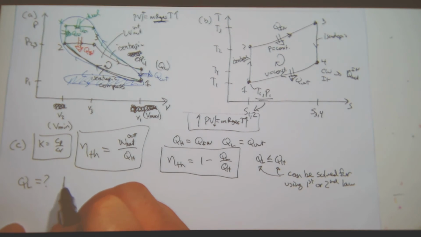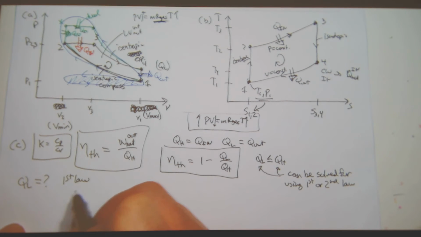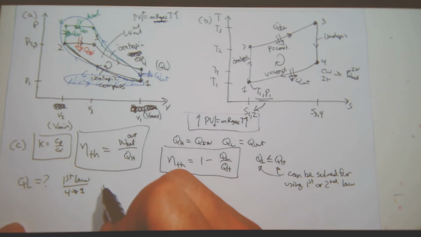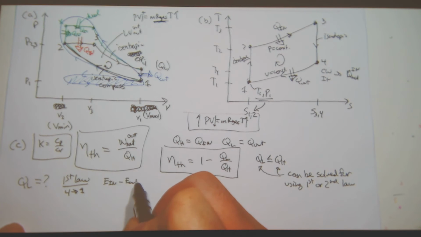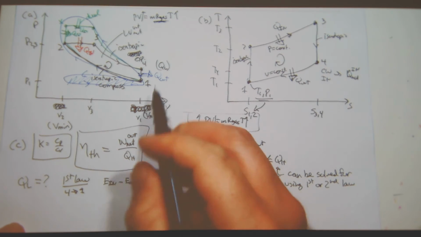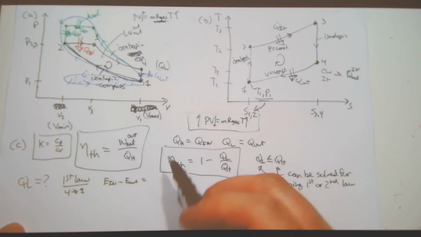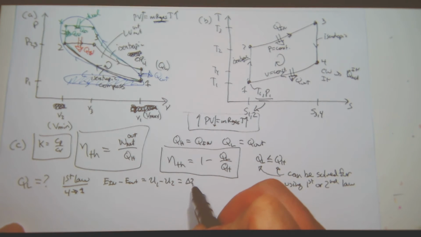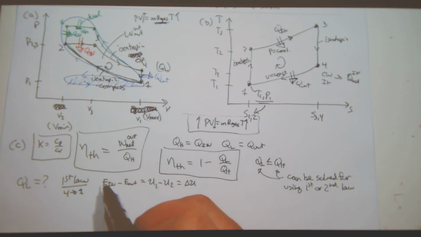So let's use the first law and go from 4 to 1. In general, energy in minus energy out equals the change in internal energy in my system from 4 to 1. So that's U1 minus U4, which of course is delta U. This is just my general energy balance.